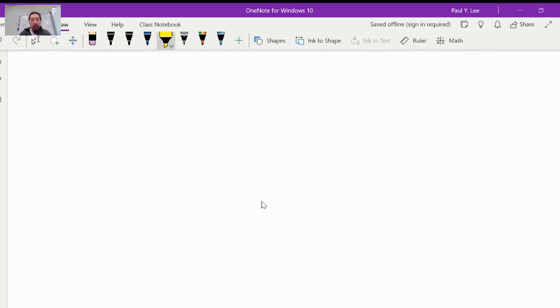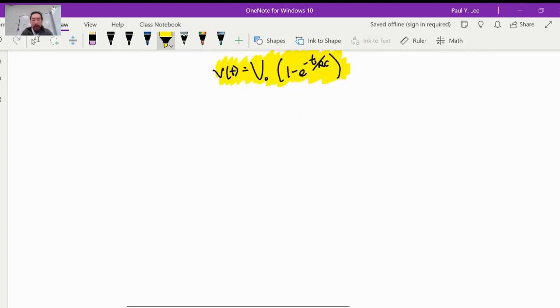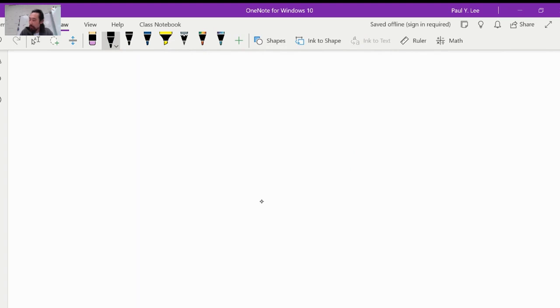So the next thing that we're going to do is, using our charge formula, derive the current formula. I know I got rid of it, but I'm going to rewrite the charge formula down here. We got Q is equal to Q final times 1 minus e to the negative t all over RC.